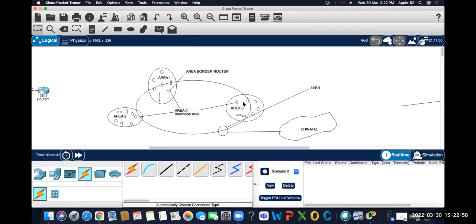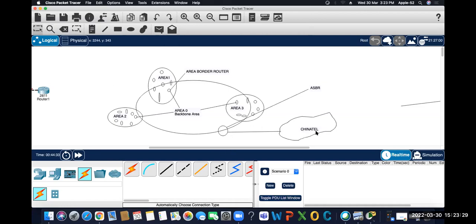Why does the word autonomous system come? Because I can run any protocol or any routing policy within my autonomous system. This is one complete autonomous system, and an area is part of an autonomous system. I can use any routing protocol or routing policy, and I cannot force any other autonomous system.